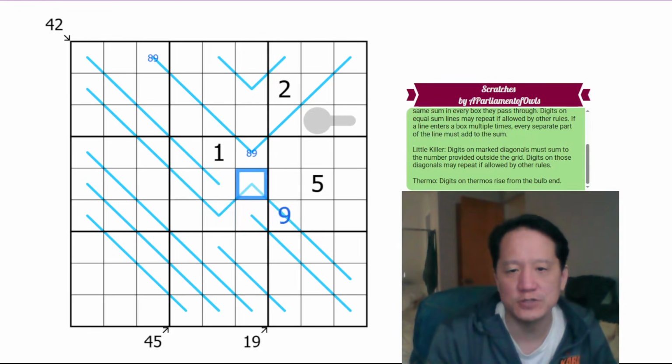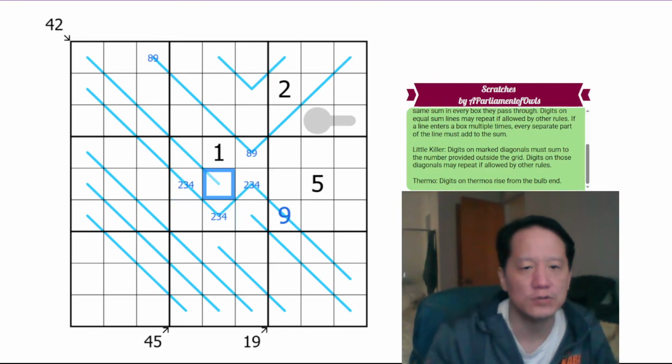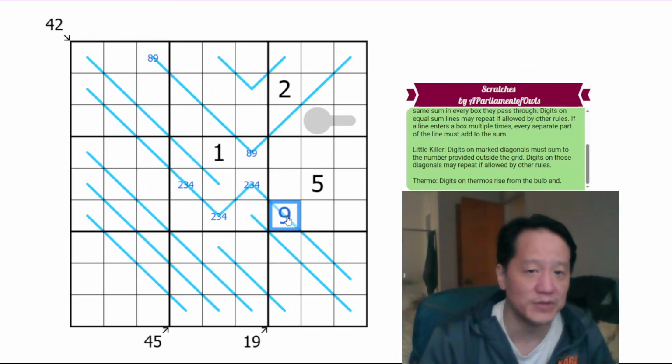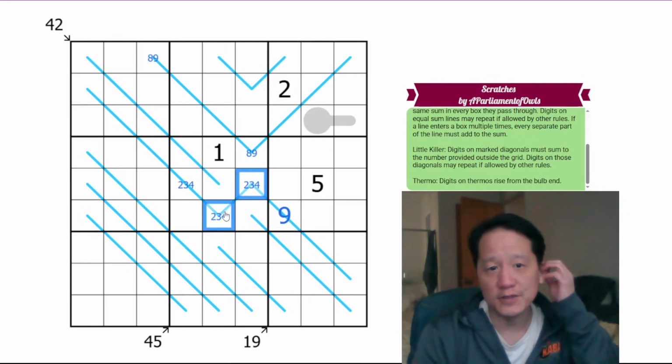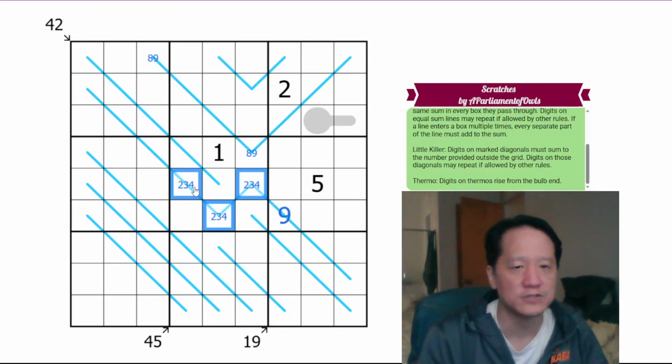This must be 2, 3, and 4 to add up to 9, which is the maximum this digit can be, and this is the minimum amount for that. That's the reason why we know this is 9 and this is 2, 3, and 4. Because if you try to make this larger, that's not going to be a digit, which is not possible.